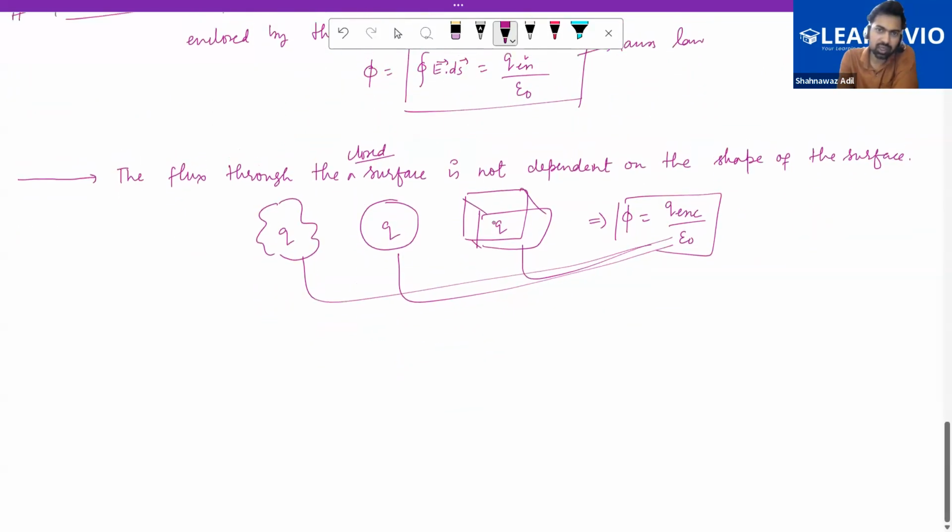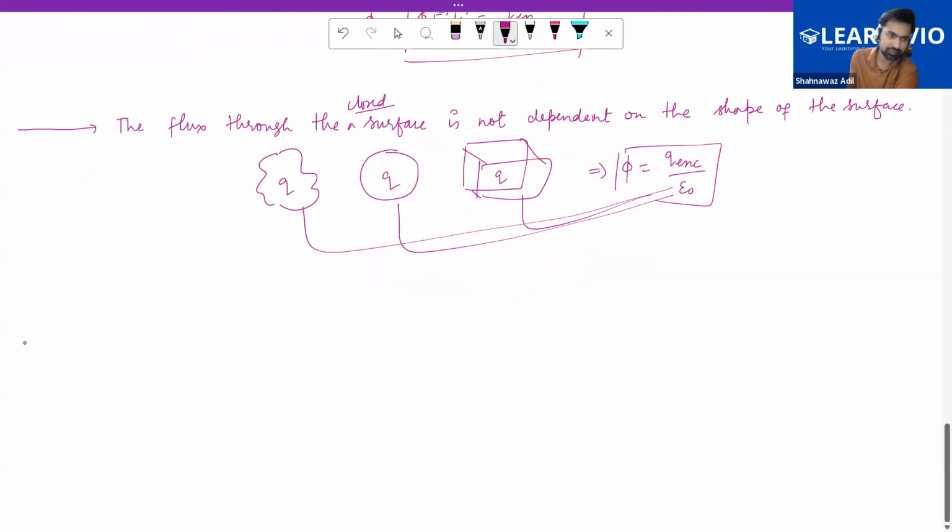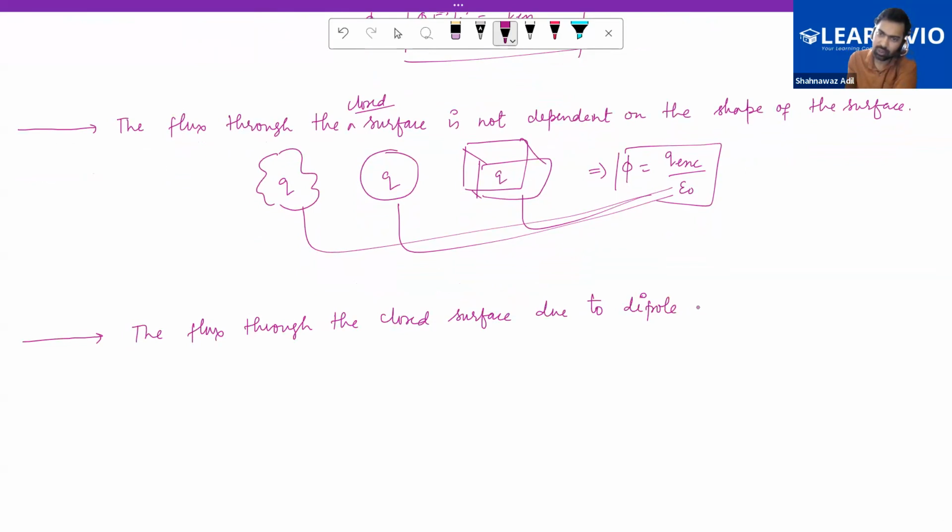And the second thing is that the flux through the closed surface due to a dipole is 0.